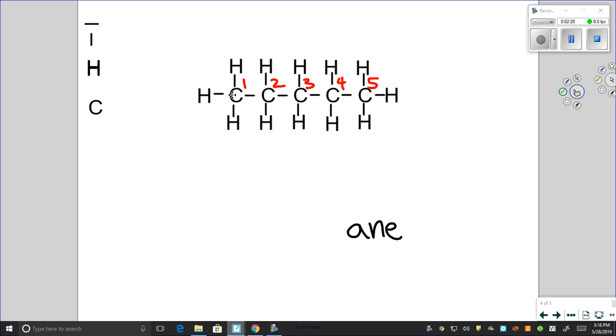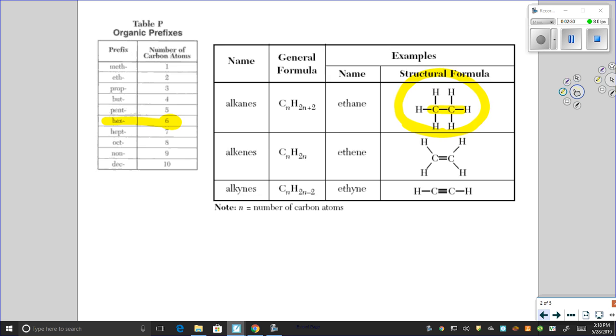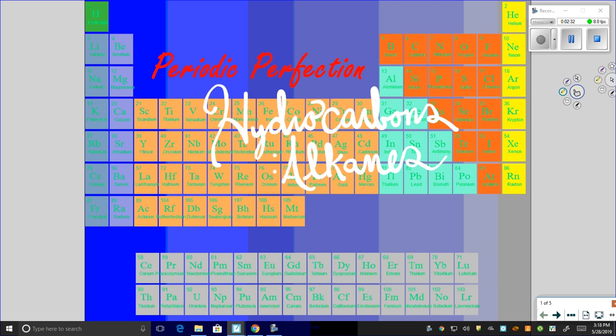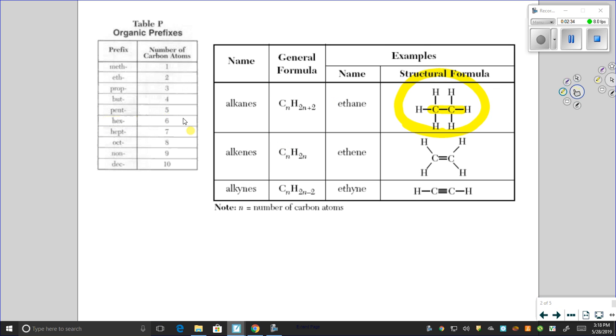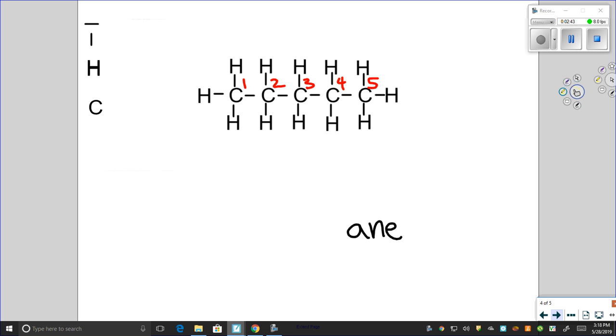So I come back to table P, and I find the prefix that gives me 5, and that would be pent. So the name of this molecule would be pentane. Very straightforward.